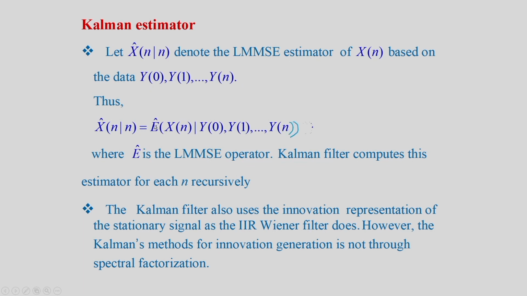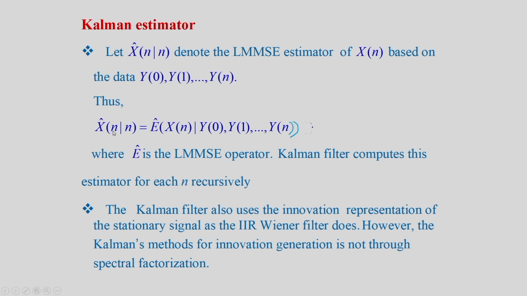Normally, E of x n given y0, y1 up to yn is the conditional expectation, but since we are using the linear minimum mean square error estimation, E hat denotes the LMMSE operator.